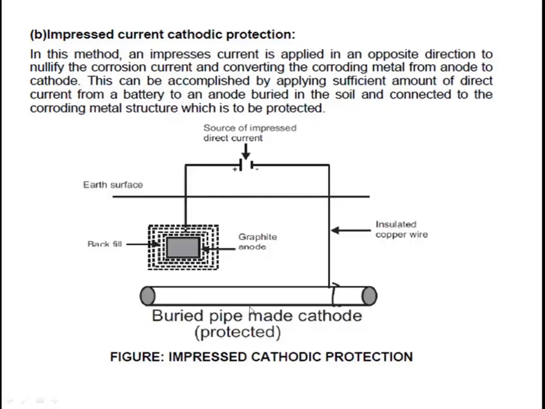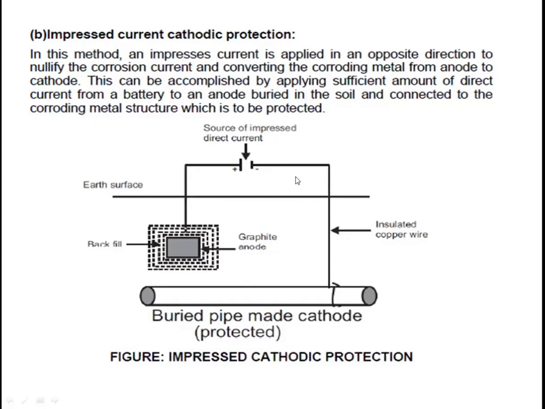This is the metal to be protected, which acts as a cathode. Here we are using graphite as an anode, and both anode and cathode are connected in the opposite direction to nullify the corrosion current and convert the corroding metal from anode to cathode.